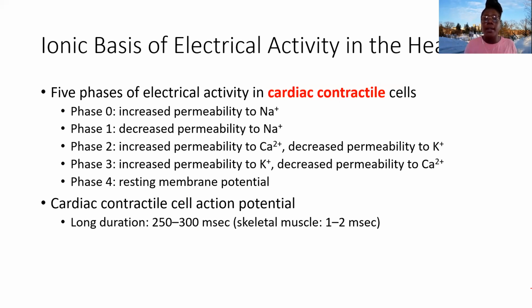The upstroke in the action potential of the contractile cells is caused by a different ion altogether. It's caused by sodium. So we have that rapid upstroke in sodium's permeability, which allows sodium to rush into the cell. And then phase 1 is that we see a decrease in sodium's permeability, which begins to start repolarizing the cell.